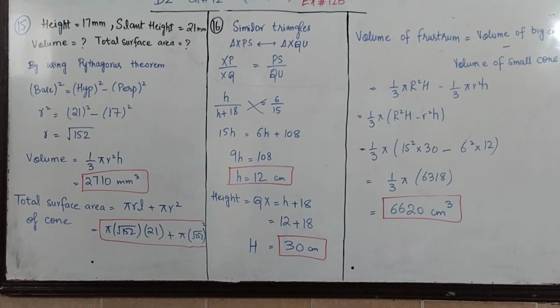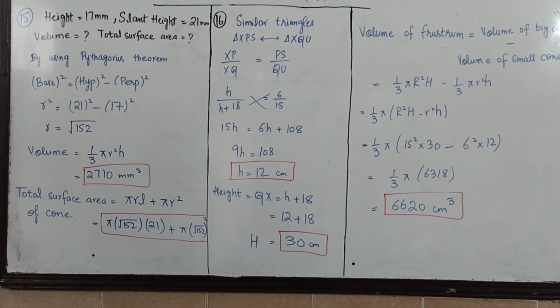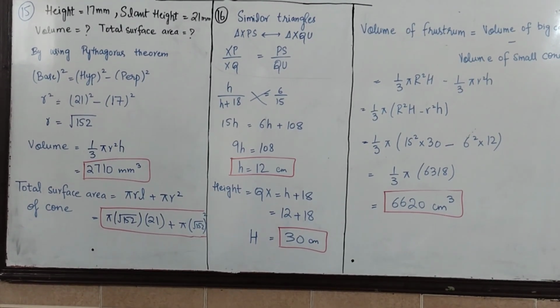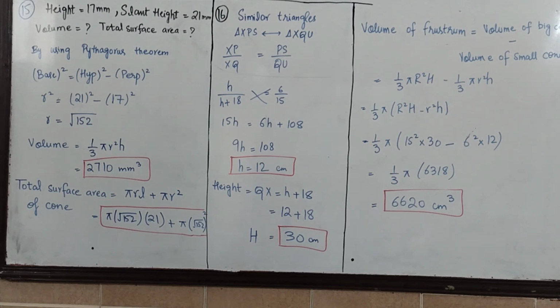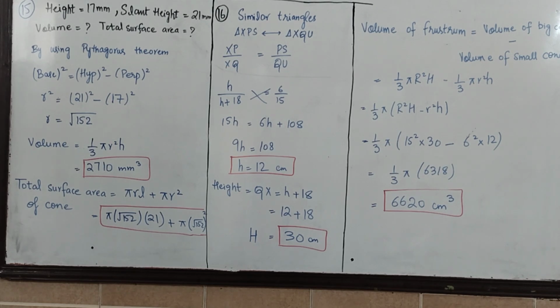When H is 12, H plus 18 becomes 30 centimeter, the height of QX. We're using the property of similar triangles to find the value of small h and capital H. Small h is for the smaller cone and capital H is for the bigger cone.